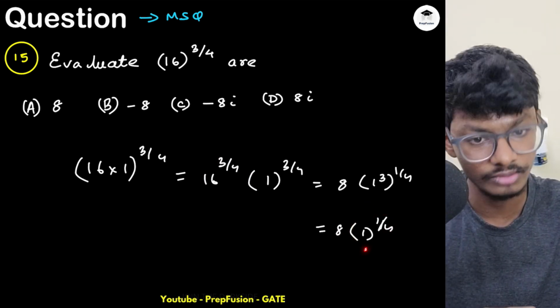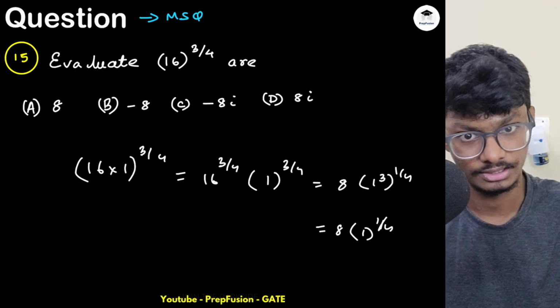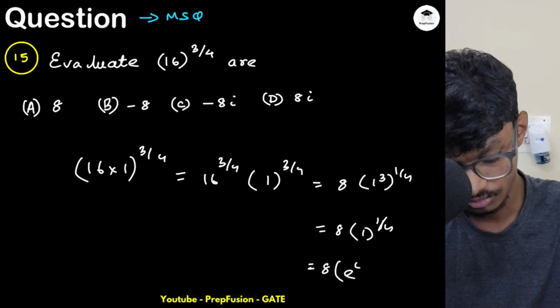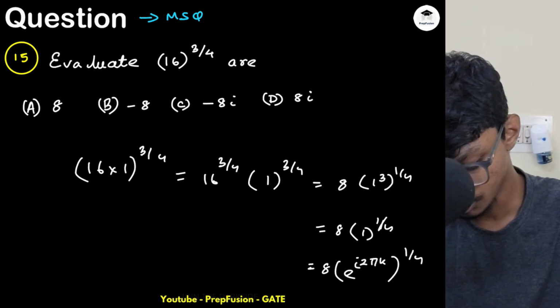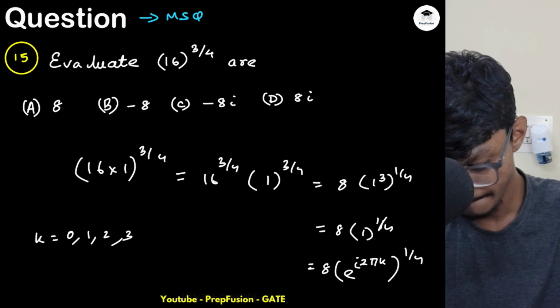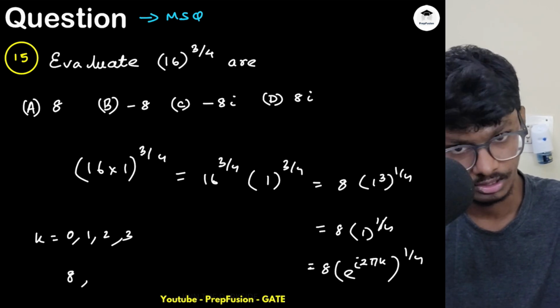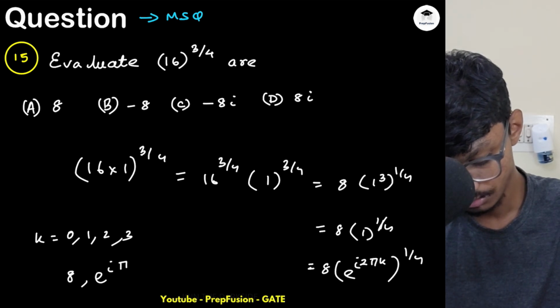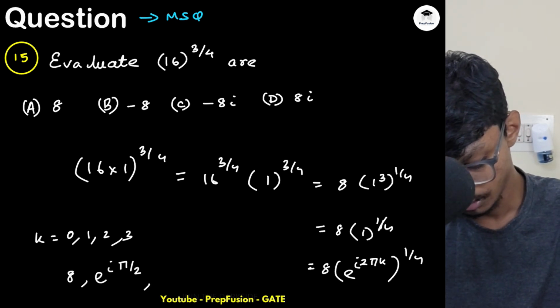Now I can replace my 1 with e raised to power 2 pi i k, divided by 4. So now you can write k equals 0, k equals 1, k equals 2, k equals 3. For k equals 0, the root will be 8 only. For k equals 1, the root will be 8 e raised to power i pi by 2.